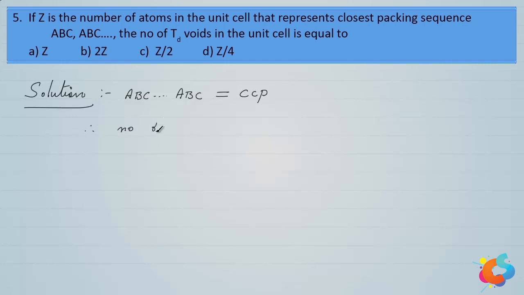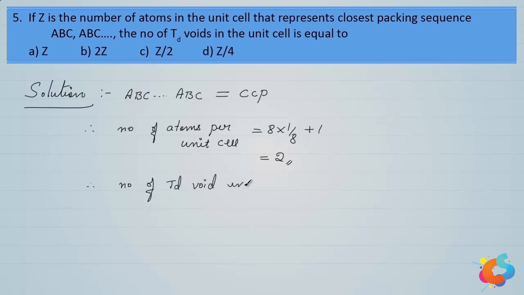Therefore, the number of atoms per unit cell is 8 into 1 by 8 plus 6 into 1 by 2, which is equal to 4. Therefore, the number of tetrahedral voids in a unit cell is two into the number of atoms per unit cell, which is equal to Z. Therefore, tetrahedral voids are 2Z, and the right option is option B.